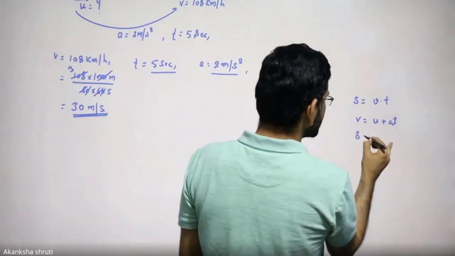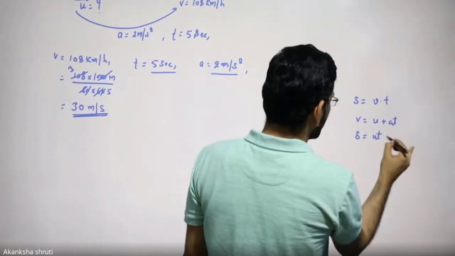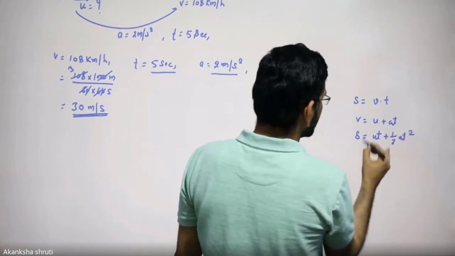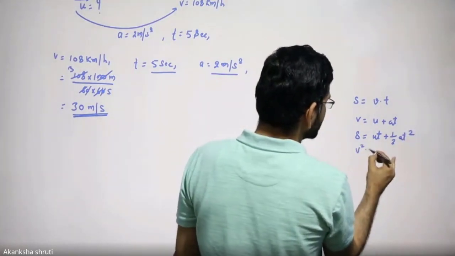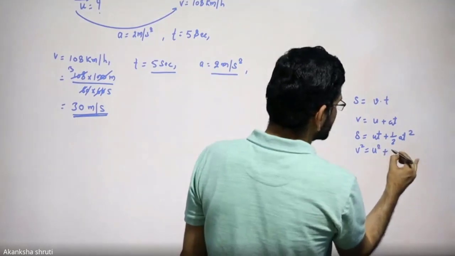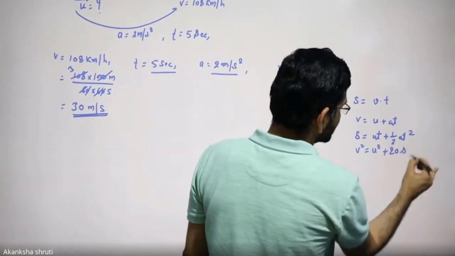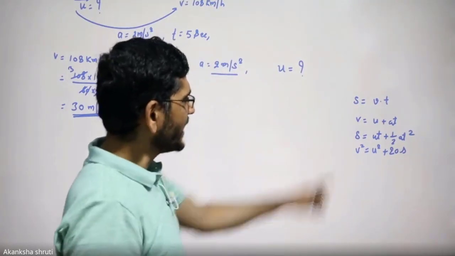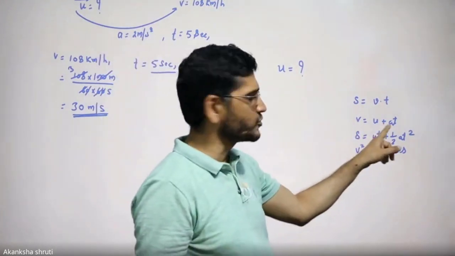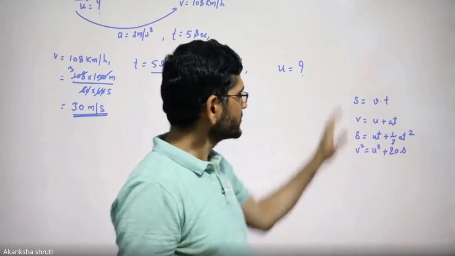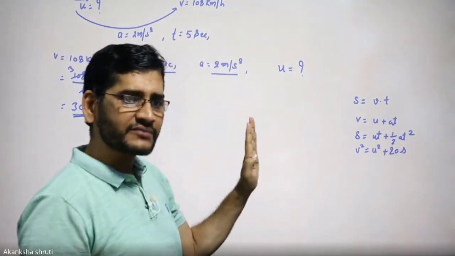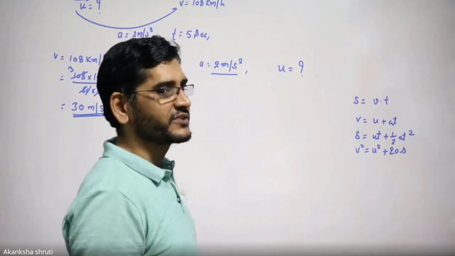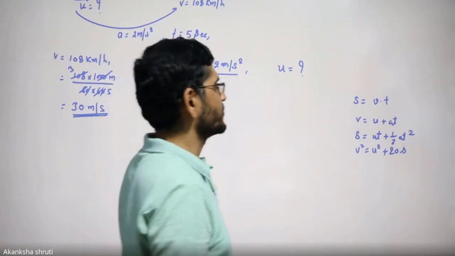Then displacement s is equal to ut plus half at square. Then v square is equal to u square plus 2as. These are the only formulas that we have learned. This is the same as a is equal to v minus u by t. So these are the only formulas we have learned till now. Even the average velocity is given by u plus v by 2, but that is not that important.